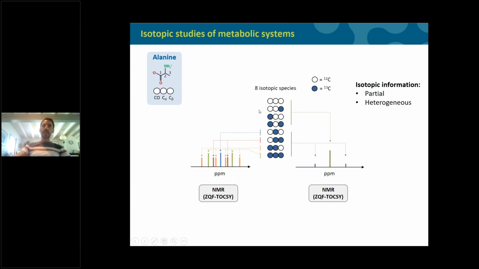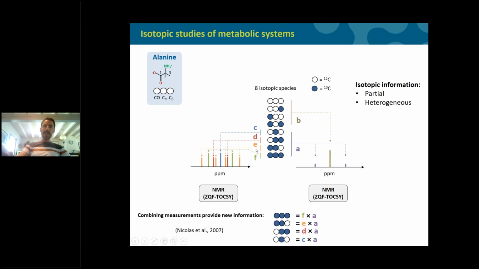But we do not access this form at all. So what we can measure here is expressed relatively to these different forms. And there has been some work 15 years ago which showed that we can combine MS and NMR information, or NMR information coming from ZQF TOCSY and HSQC.